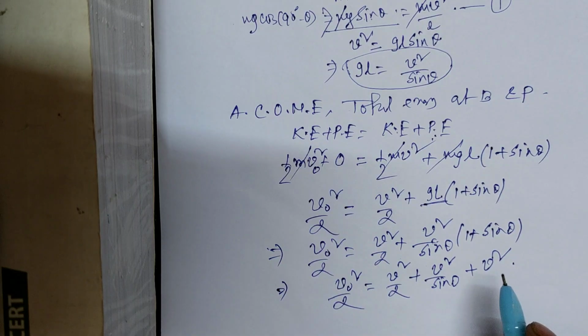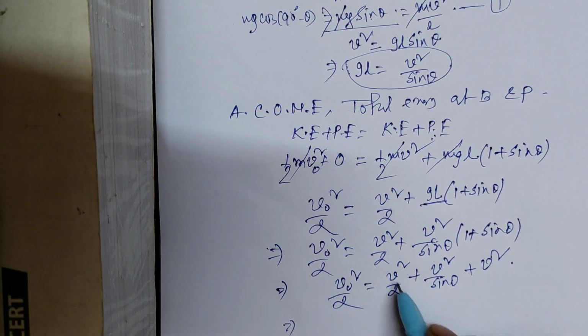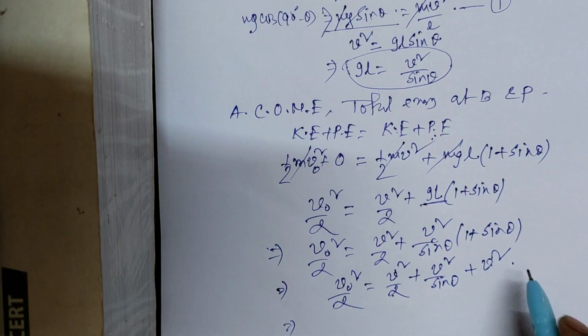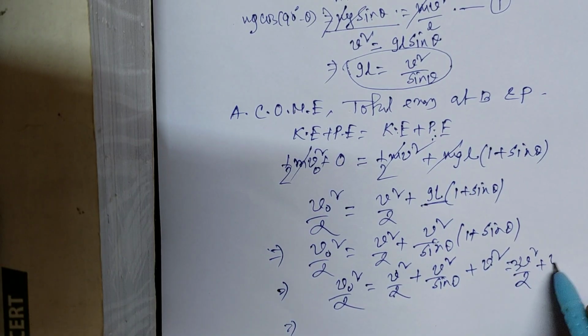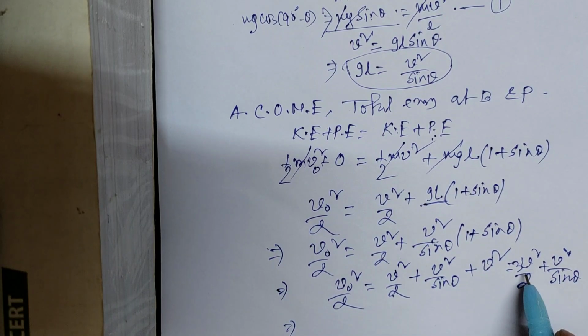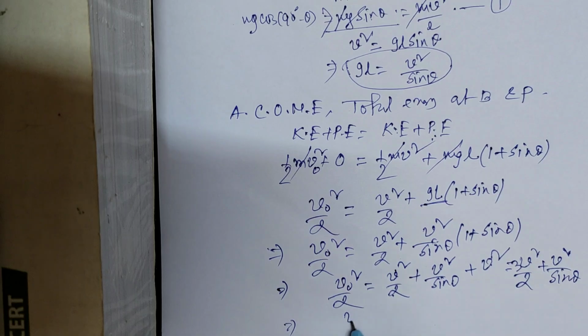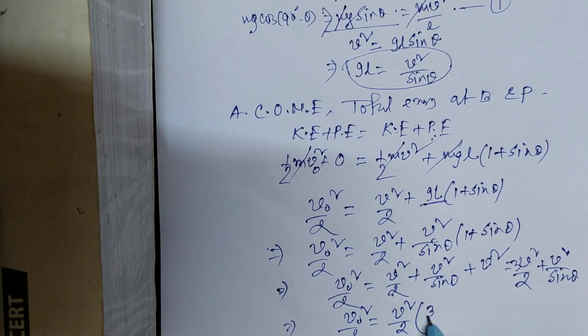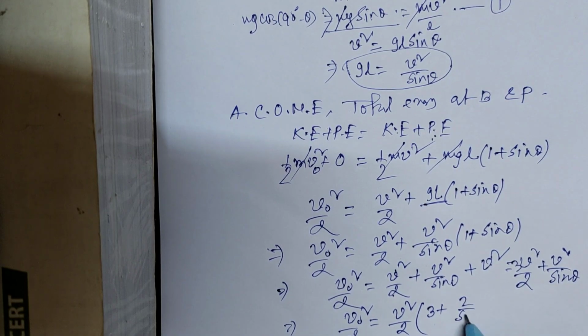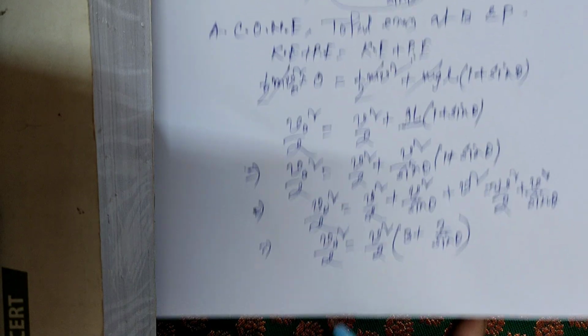Now v square by 2 plus v square equals 3 v square by 2 plus v square by sin theta. Now if we take v square by 2 common, then v0 square by 2 is equal to v square by 2 into 3 plus 2 by sin theta.